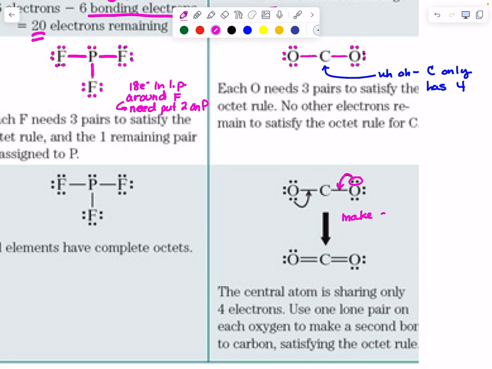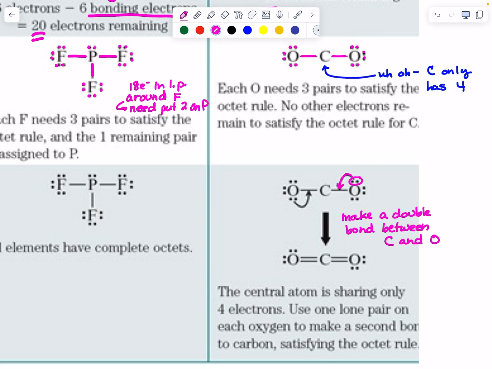I'm going to make a double bond between the carbon and the oxygen, okay? And so now, when I count things up, those lone pair electrons that became the bond, they're still associated with that oxygen atom. That oxygen atom is still satisfying the octet rule.